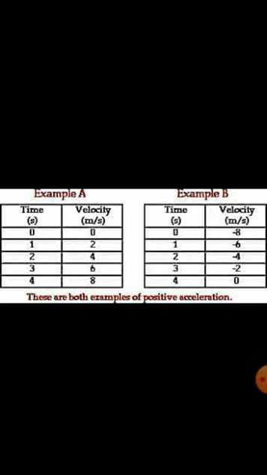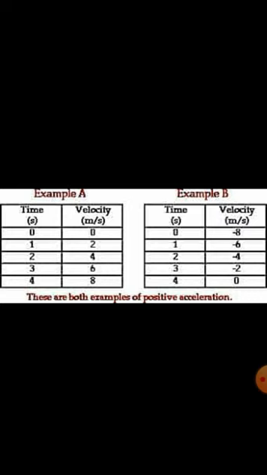So, acceleration, which is given by the formula v minus u by t, will be a positive value. So, we will get acceleration as positive. When the velocity of a body increases with time, its acceleration is positive.